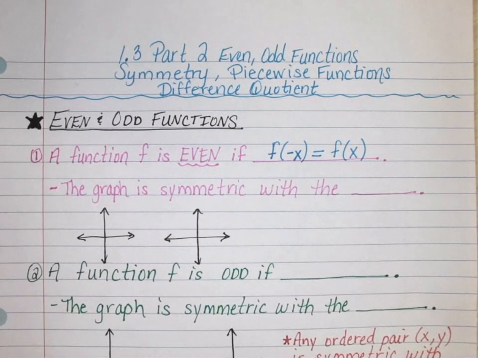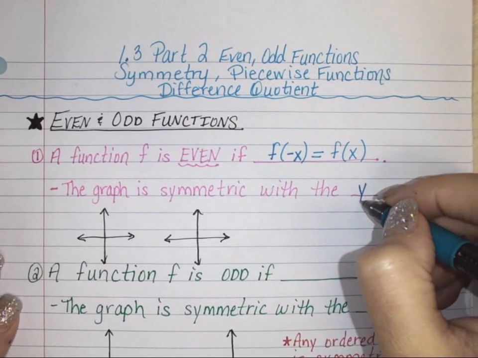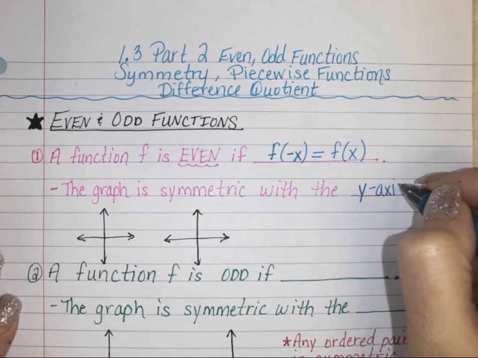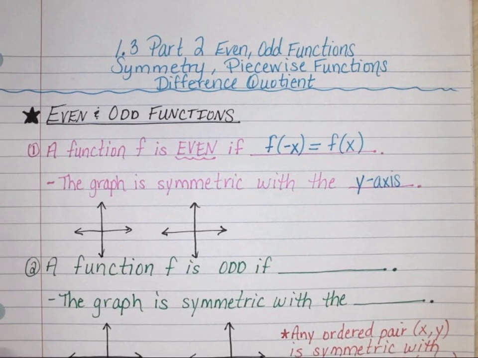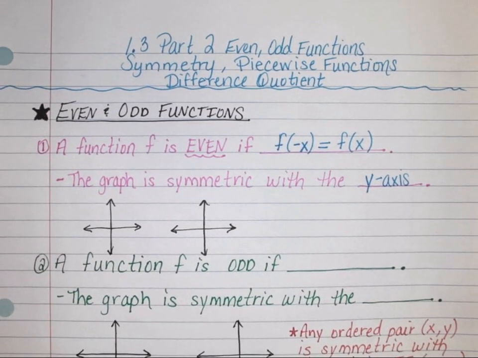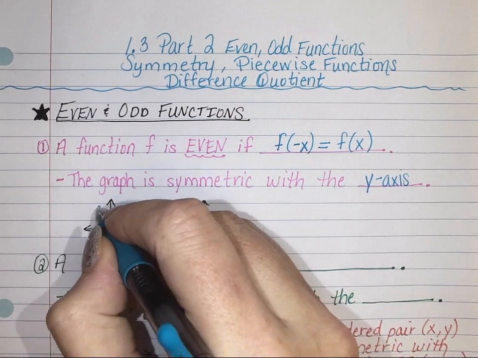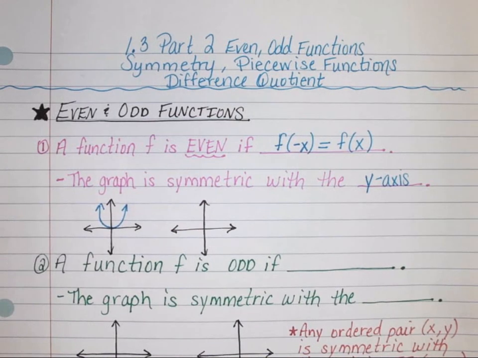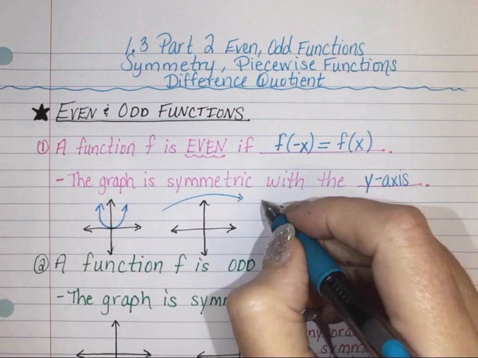Now, what this looks like graphically, your graph is symmetric with the y-axis. So it will have vertical symmetry. And so some examples, a very common graph that you're familiar with is a parabola. And I'll show you why that's the case algebraically.